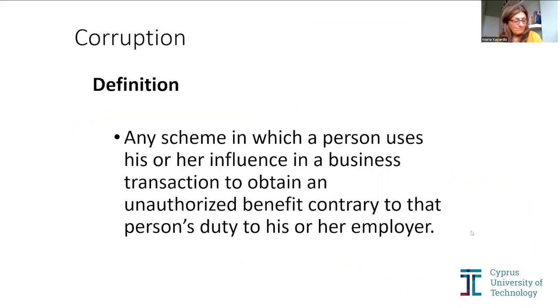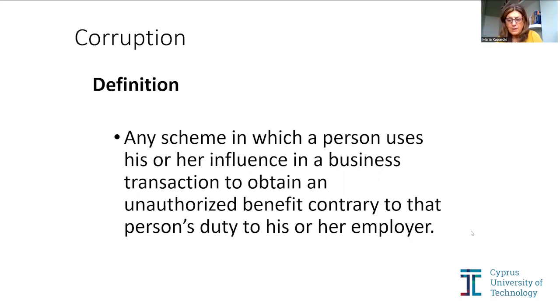Now, corruption. According to the ACFE's recent Report to the Nations, there have been increases in corruption, let's say an increase in mega corruption, in grand corruption. Corruption at the very, very high level. We are no longer talking about bribing.